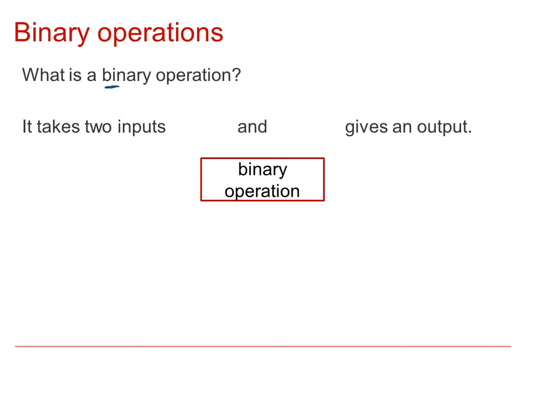Firstly, our binary operation has to take two elements from the same set and produce a third element in that set.